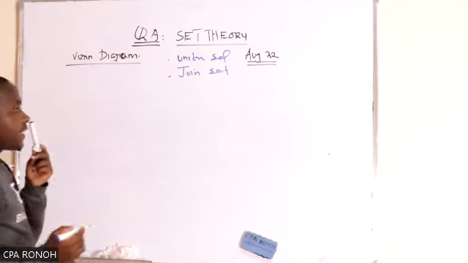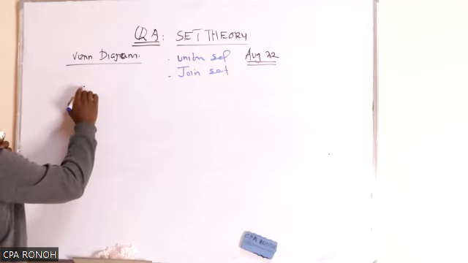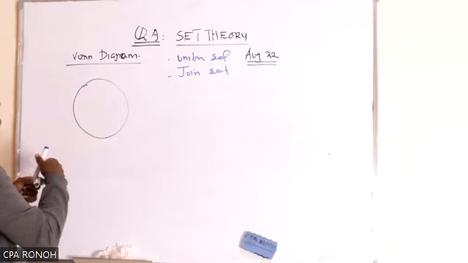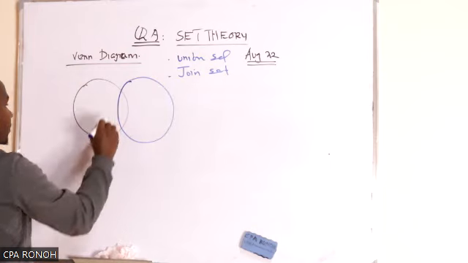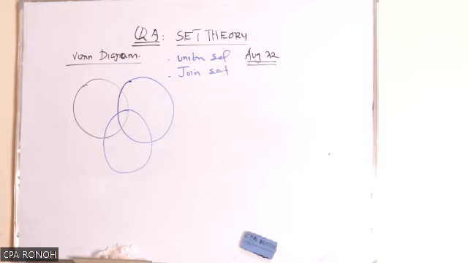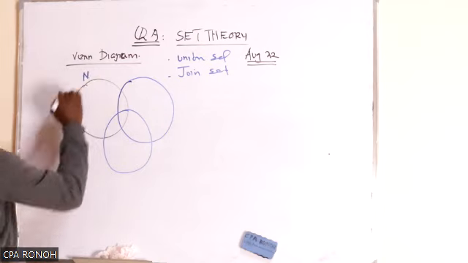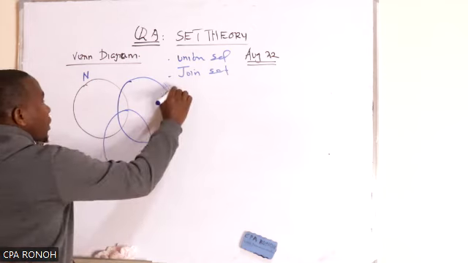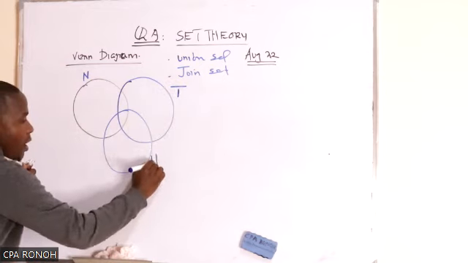So the first thing is to draw something like this. Here, we have the Nissan, which we can represent as N, we have Toyota, and we have Honda.